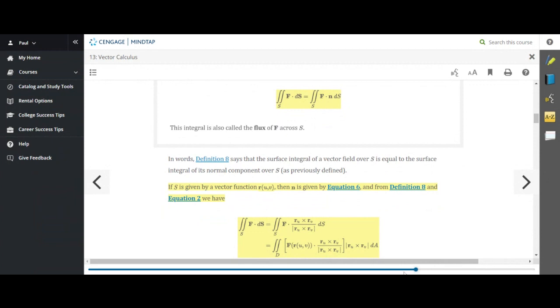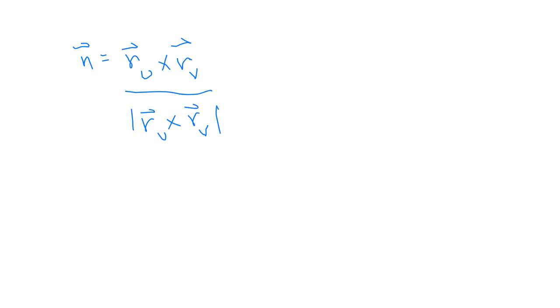In other words, what I'm saying is that the normal unit vector is equal to the cross product of those two derivative vectors divided by the length of that cross product vector. The length of that normal vector is going to equal 1, right?